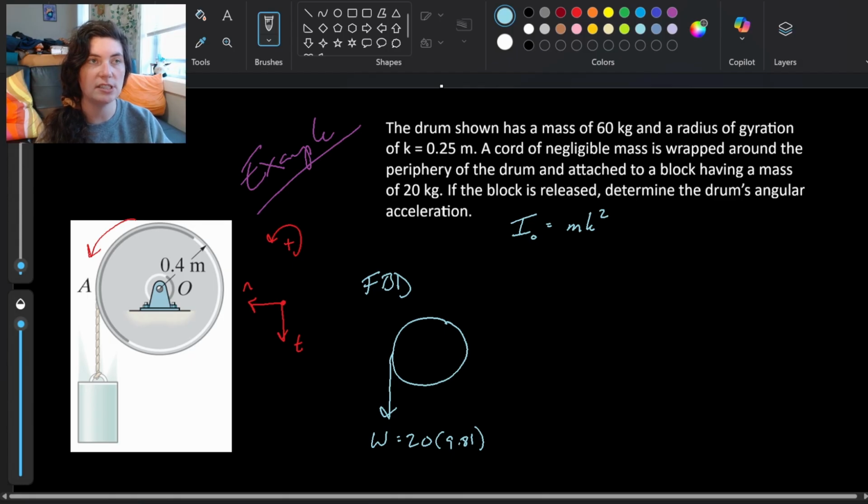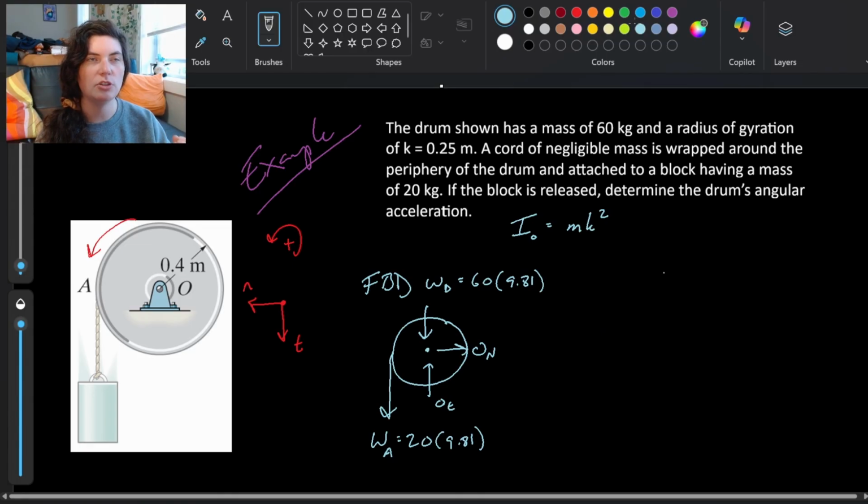There are reactions at the pin, so at O, not only do we have an OT and an ON, but we also have the weight of the drum. I'll label these weight A, and weight D for drum, which is 60 times 9.81. So I have the pin reactions, weight of the drum, and weight of the block. That's all I've got going on in my free body diagram here.